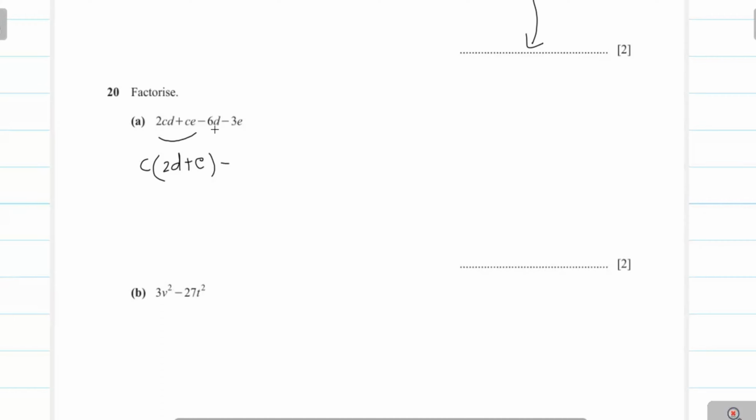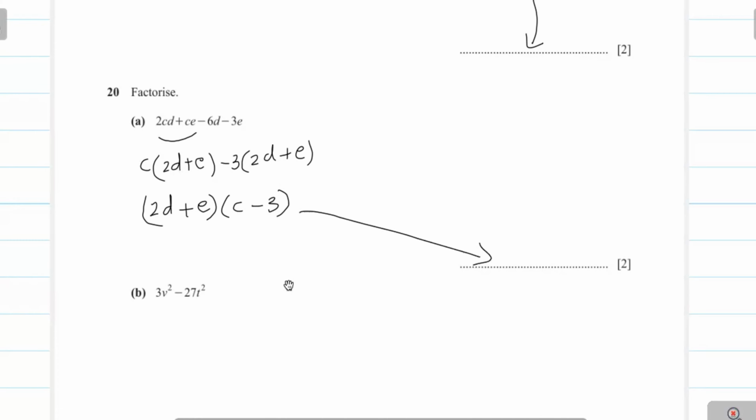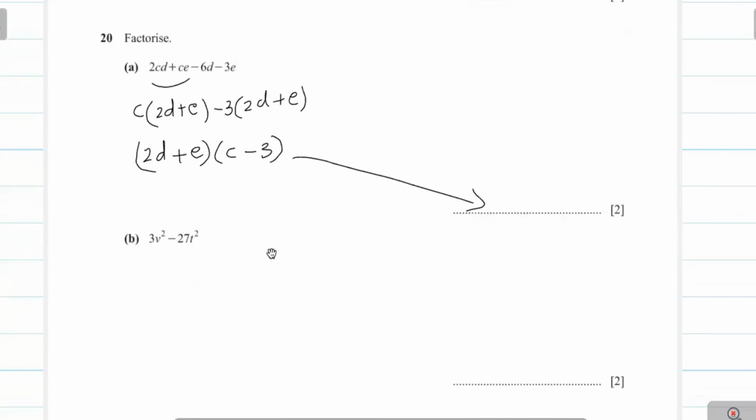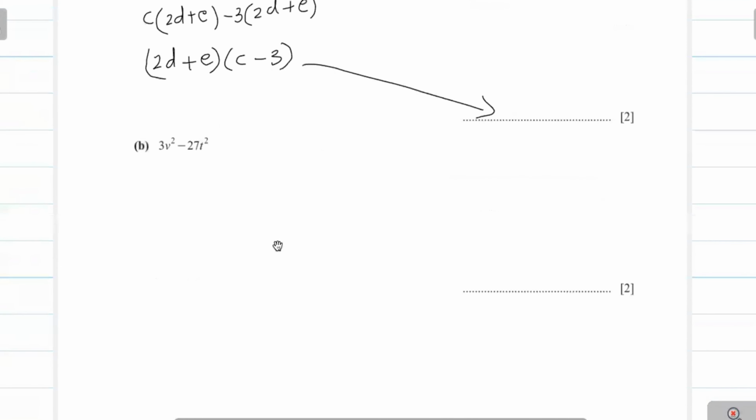Next two terms, minus 3 is common, therefore the value becomes minus 3 into 2d plus e. Now you see here 2d plus e is again common between these two terms, therefore we write 2d plus e, and the remaining expression becomes c minus 3, and this is the factorization of the given expression.